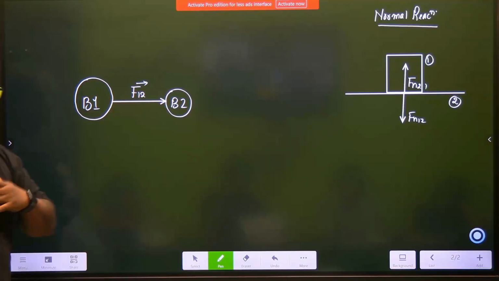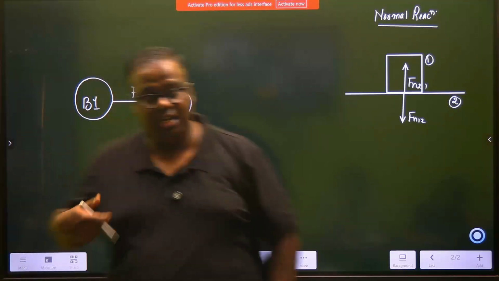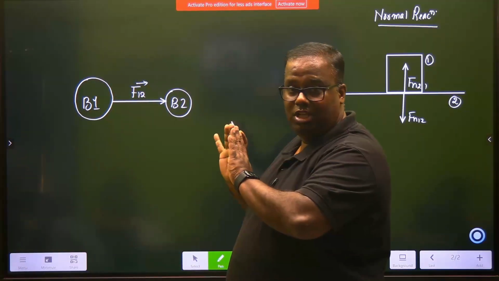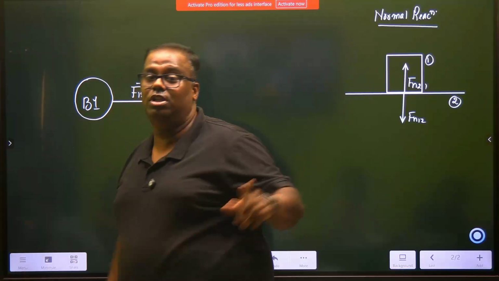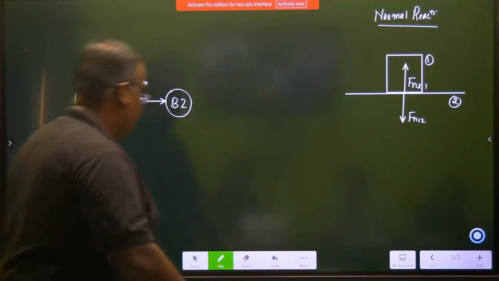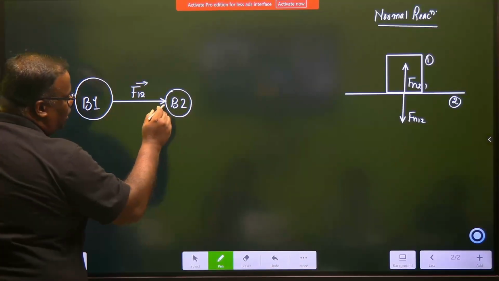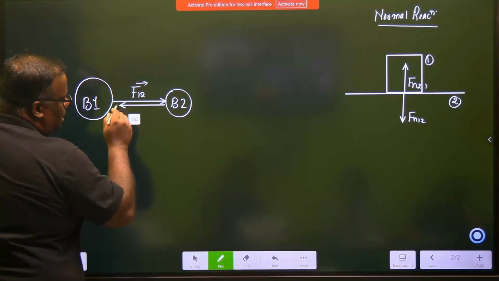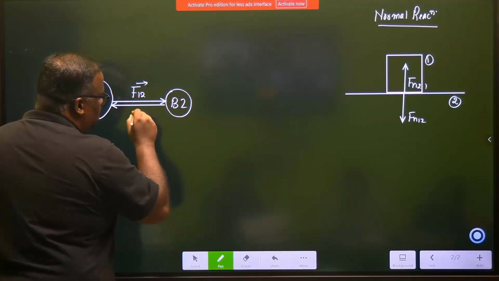Now come this side, the second body exerts equal and opposite force on the first body. I can use colors out here, otherwise I'll not get the arrow. The second body exerts equal and opposite force on the other body.